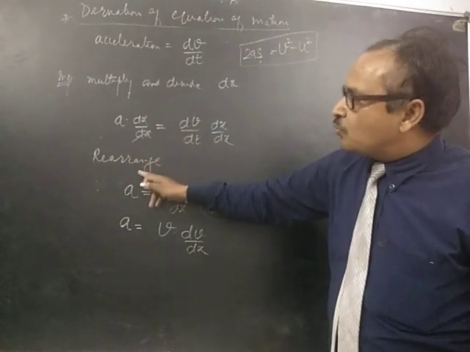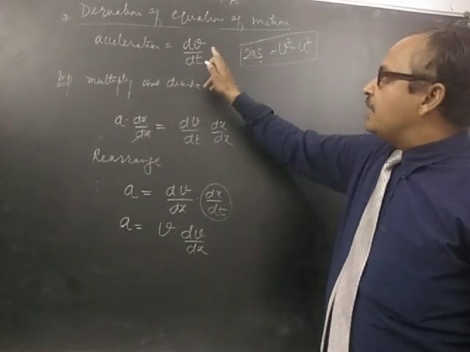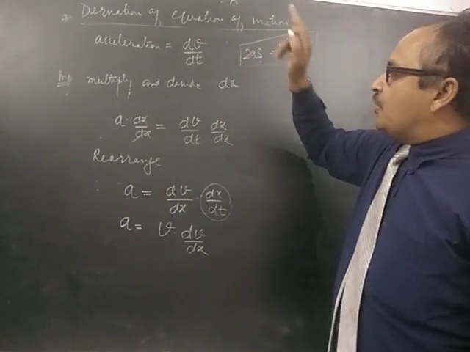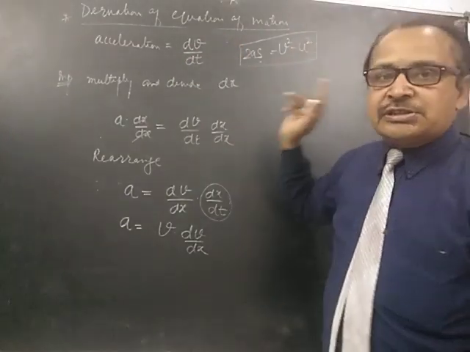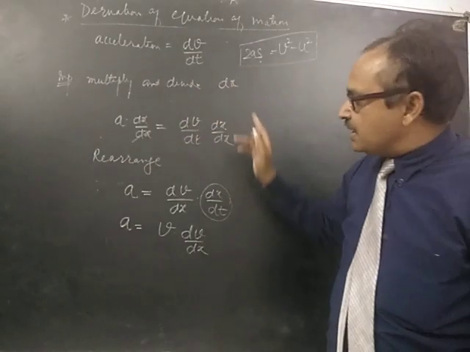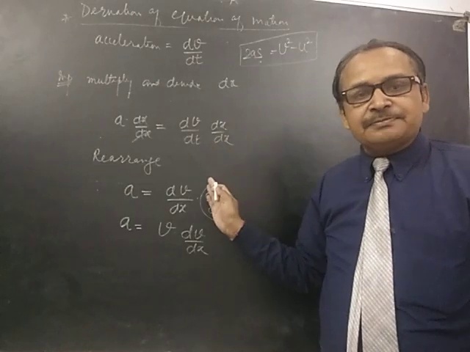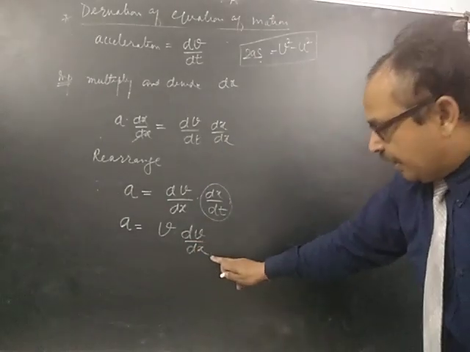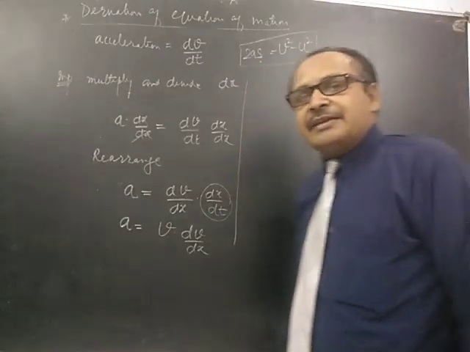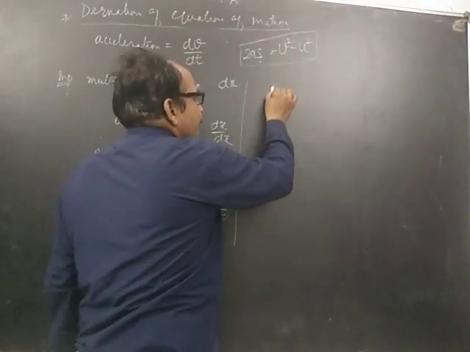Two points you have to just remember. Acceleration you already know, but in order to get this velocity concept, we have to multiply and divide by dx and then rearrange. Now this dx will go that side and what we will get? Simple math.